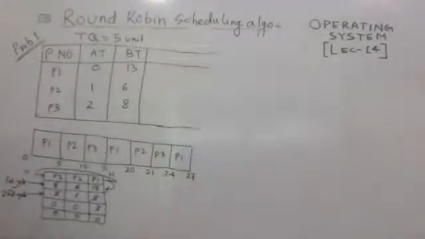Okay, so I think this chart is very much clear to you, and in this manner we can maintain the FIFO queue, and there are some cycles. So that's why this algorithm is sometimes called cyclic execution or circular execution.